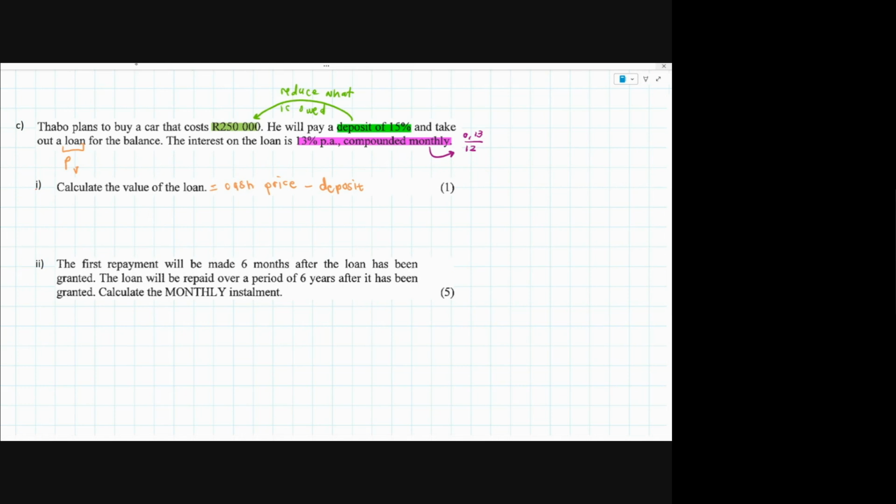Now, granted, this is only a 1-mark question, but I am going to do a fair amount of working out so that we understand what we're doing. But obviously, it's 1 mark. You could go straight to the answer if you understand. Okay, so first things first, I want to work out my deposit, and that's 15% of the 250,000 Rand. That is therefore a deposit of 37,500, if my mental maths is serving me correct.